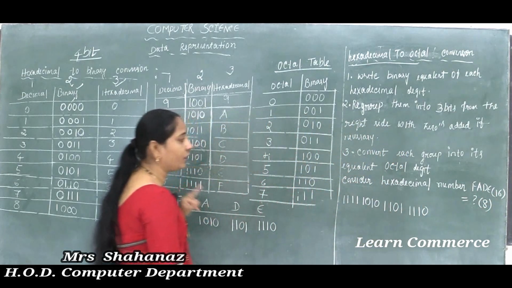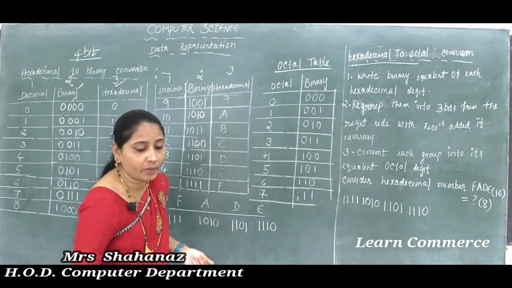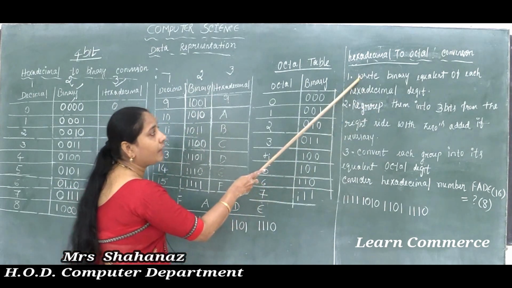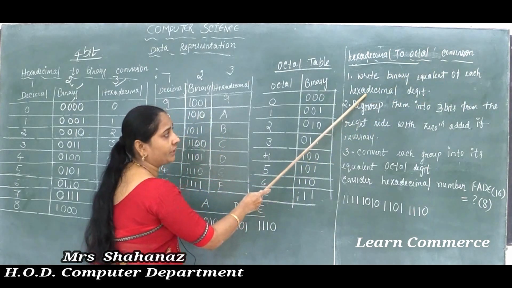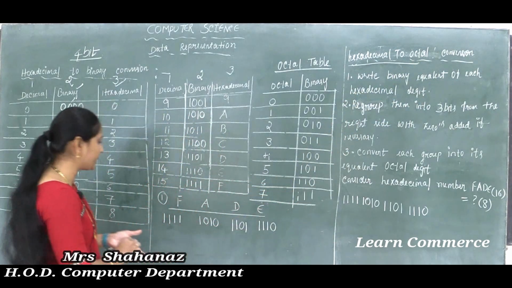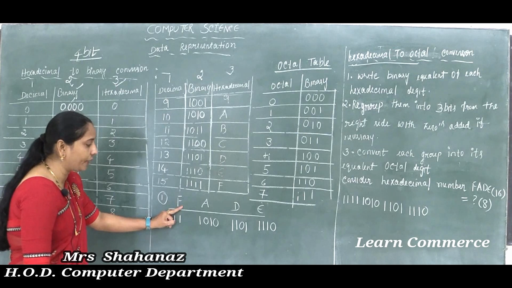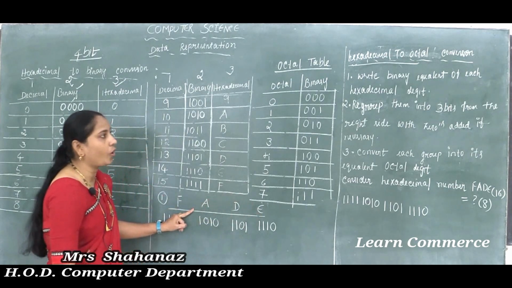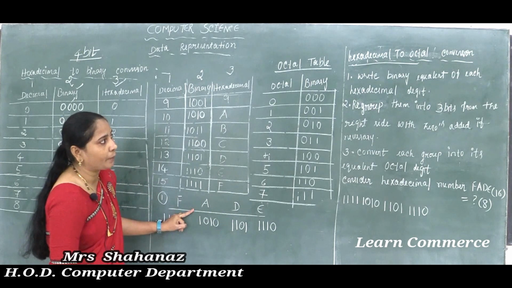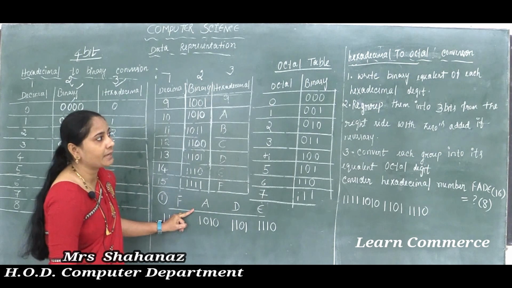As I said in step 1, write the binary equivalent of each hexadecimal digit. So first I am going to write F-A-D-E, this is the question. Now, depending on the binary equivalent, I select each hexadecimal digit.